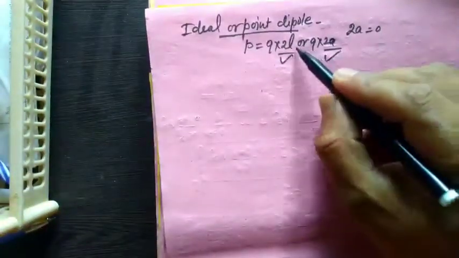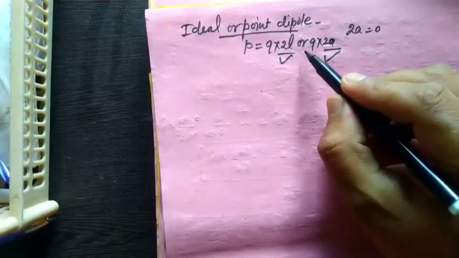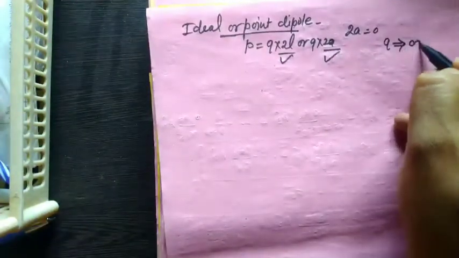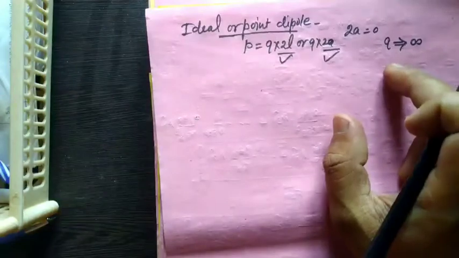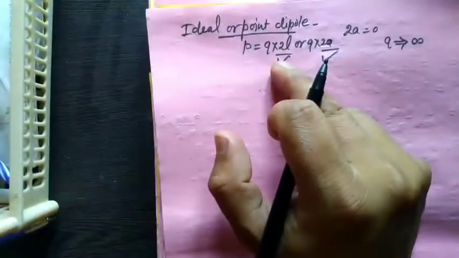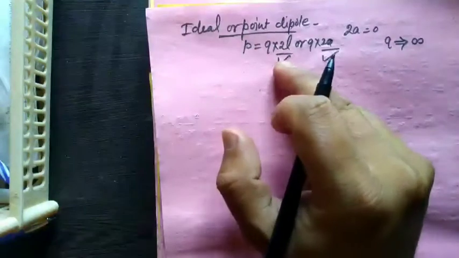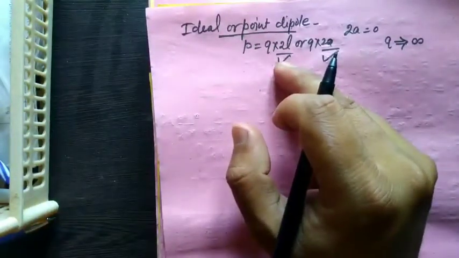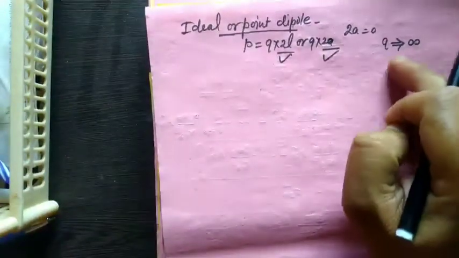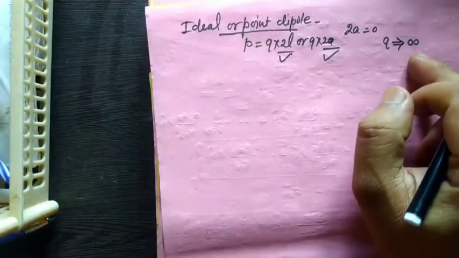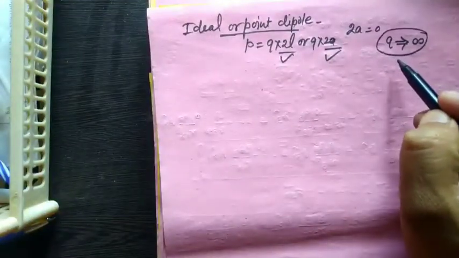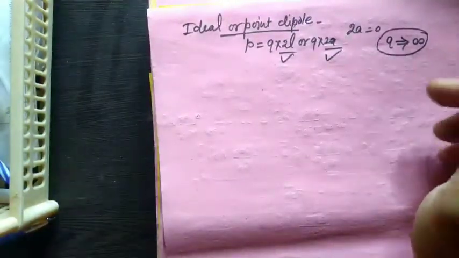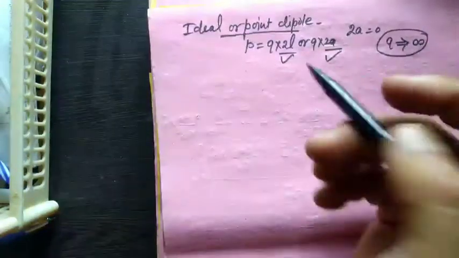If 2a equals 0, then q equals infinity. When the dipole moment stays the same, the resulting dipole is called an ideal or point dipole.